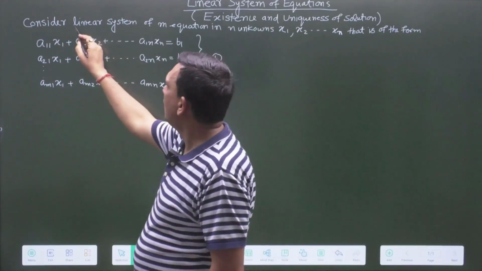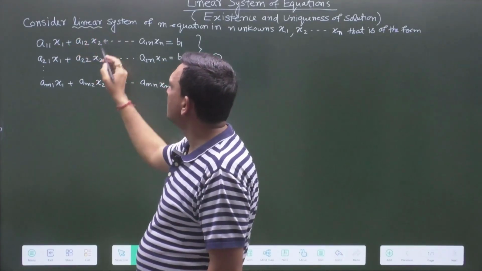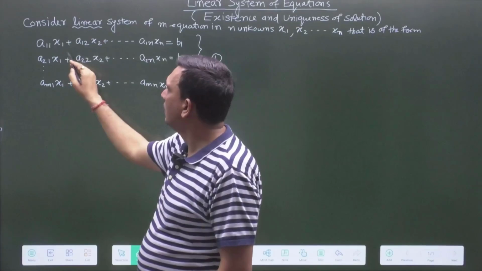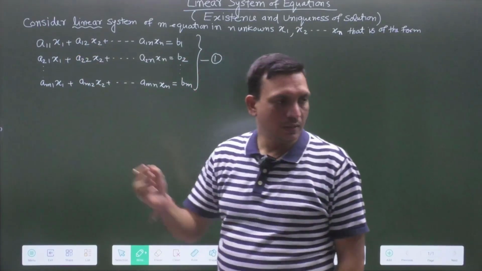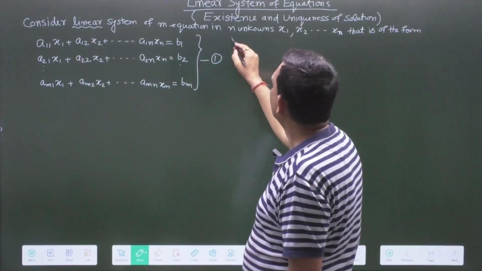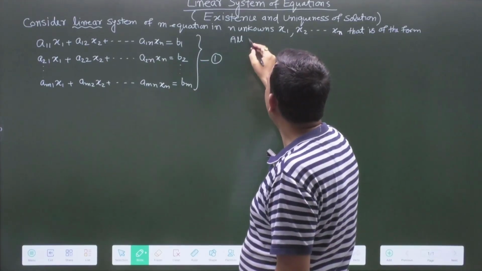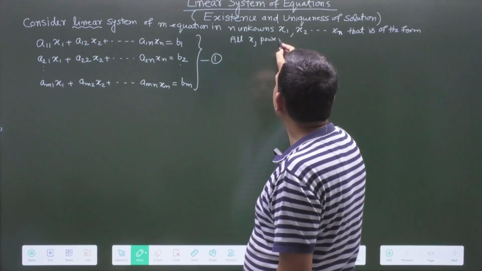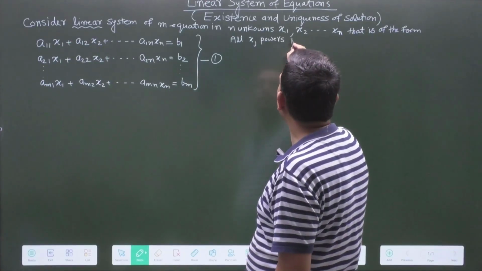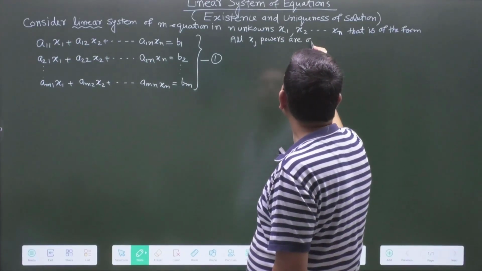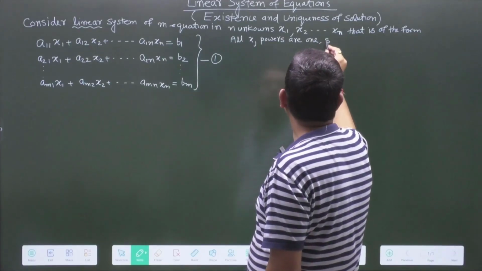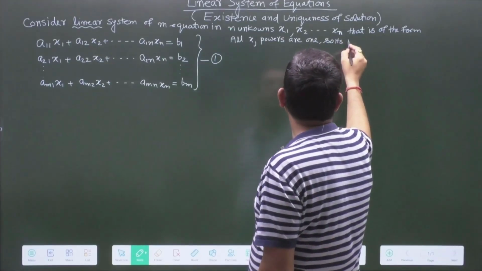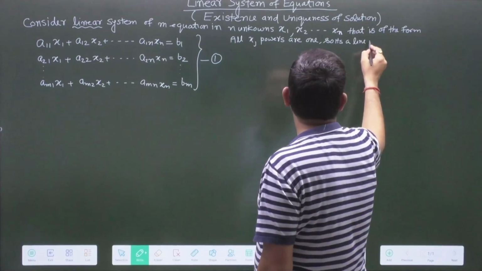This is called linear because all xj's, j from 1 to n, x1, x2, up to xn, have power 1. So it's a linear system.